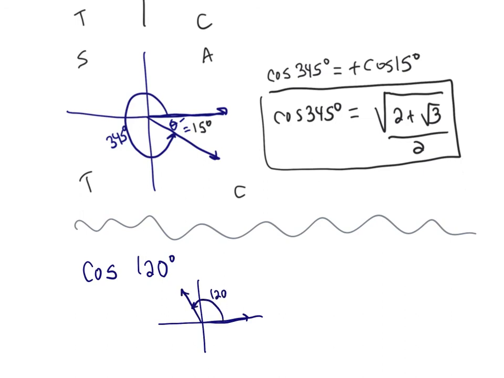It's 120 degrees. So my reference angle is 60. So the cosine of 120 is the same as the cosine of 60, except it could be a different sign. And in this quadrant, it is the opposite sign. Cosine is negative in quadrant 2, so it's negative. So if I could find the cosine of 60, I would have my answer done.